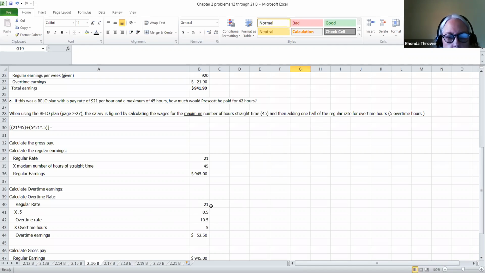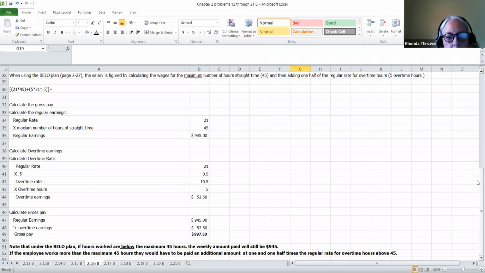Again, that's $21 divided in 2 will give you $10.50. Then what we're going to have to do is multiply that by the overtime hours, which would be 5 overtime hours. And 5 overtime hours times $10.50 would give you the overtime earnings. Now, to calculate the gross pay, we're going to take the regular earnings and we're going to add to it the overtime earnings that we calculated to get the gross pay amount.